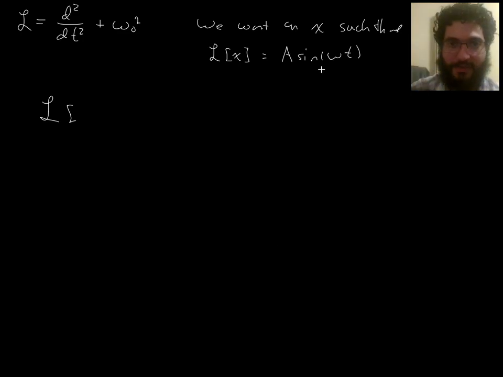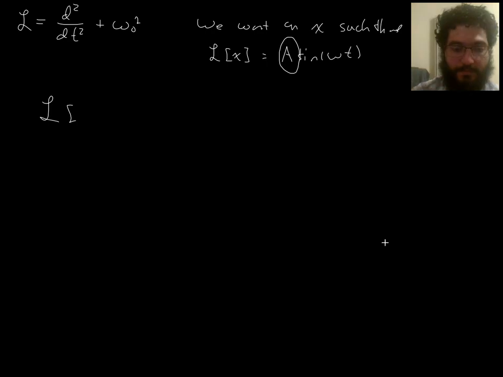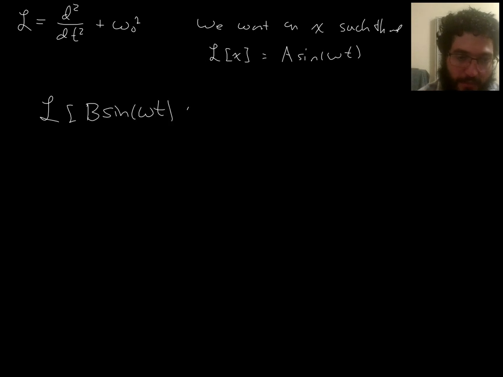I have put A here playing the role of what they're calling alpha. So don't get confused by this. A good guess is a linear combination of sine omega t and cosine omega t. So let's try that. Let's call it B sine omega t plus C cosine omega t.